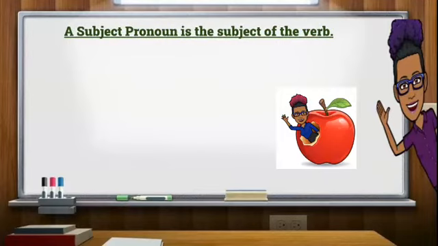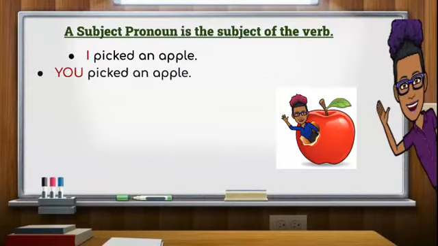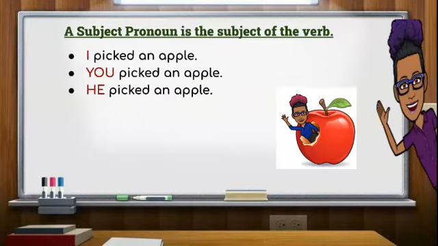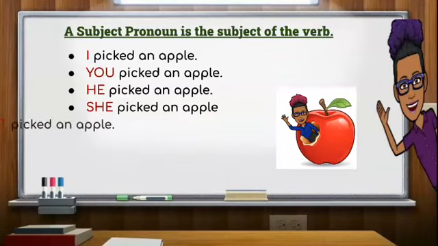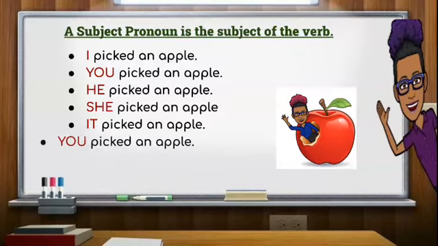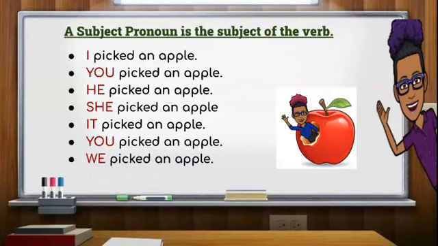So we're going to look at how the subject pronouns are used in sentences again. A subject pronoun is the subject of the verb. So we have the sentences: I picked an apple. You picked an apple. Remember, the subject is the doer. He picked an apple. She picked an apple. It picked an apple.